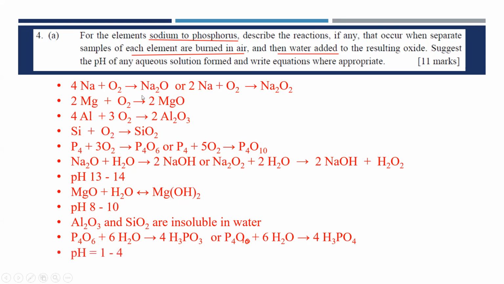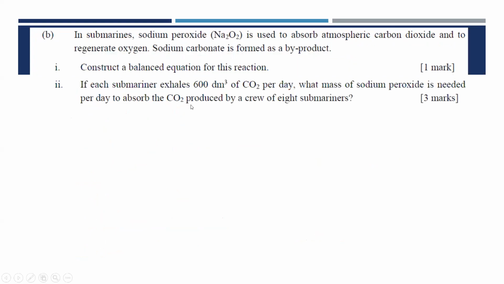The pH is somewhere between 1 to 4. It is a triprotic acid, so you should expect a lower pH in here. So that is all the points that you should be able to write. Just try your best to describe as fully as you can for all the reactions. So that is for question number 4A.